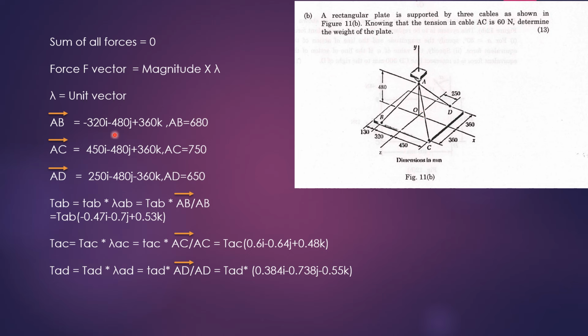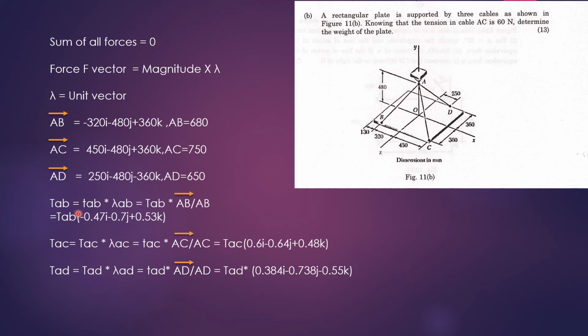So we write minus 480. Then, from this point it is towards us, that is a positive sign, so we put 360. This is how you can write the AC and AD vectors also.